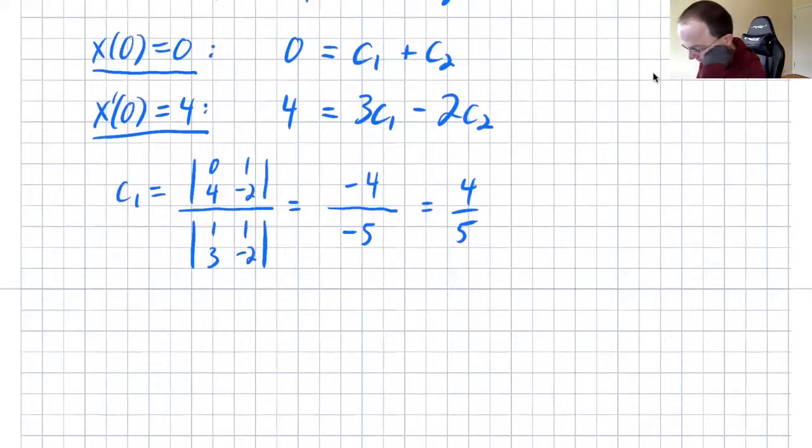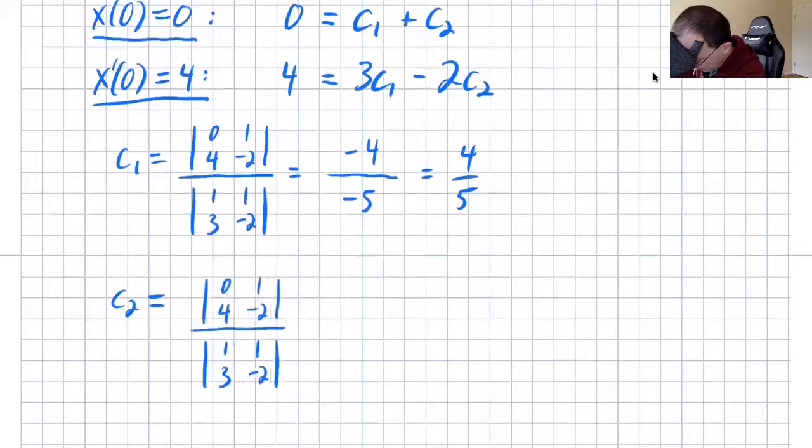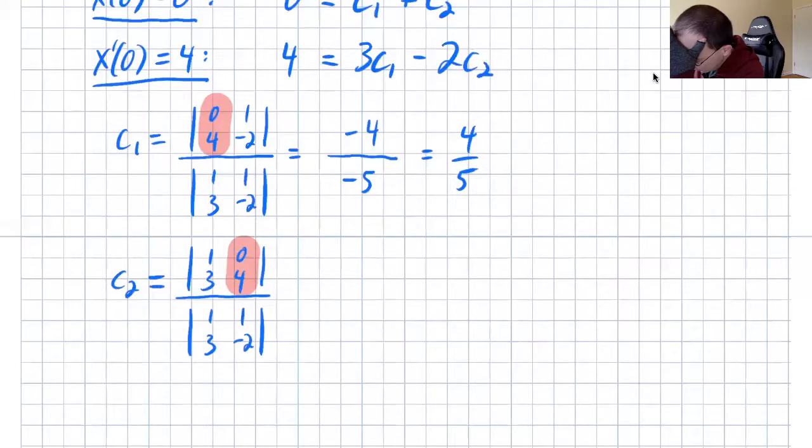So quick and easy. So now we'll do C2. So C2 is the same, but instead of replacing the first column, now we replace the second column with the right-hand side. Okay, so that's the important thing there, is where that right-hand side goes. And what do we get?